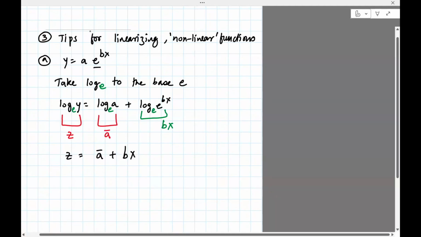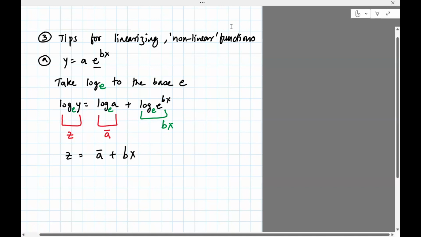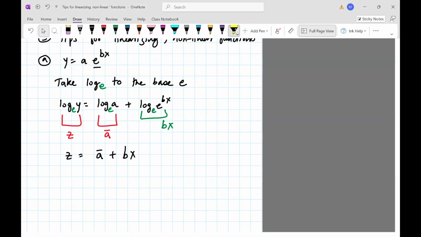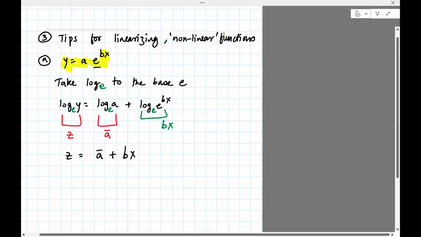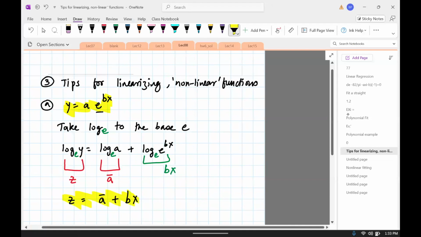So this is the crux of it: you started off with a non-linear formula that looks very complex, but by taking logs, you've reduced it to a linear equation z equals a bar plus bx. Now once you have a linear equation, you are ready to use the tools from linear regression to solve it. The formula which we wrote for linear regression was over here.